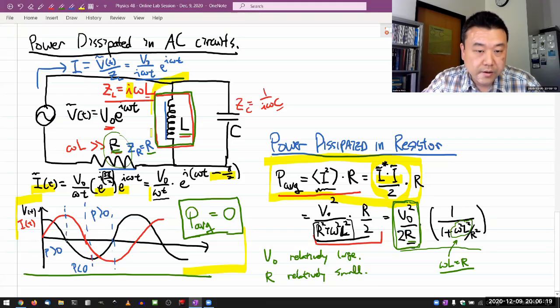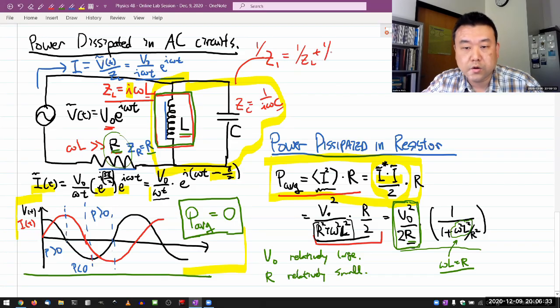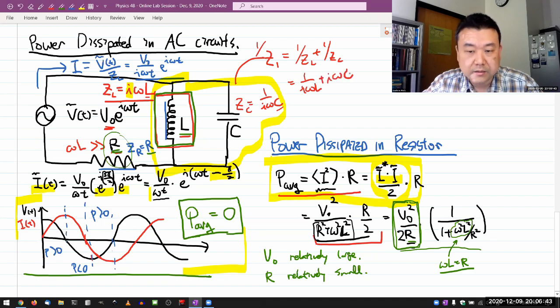So I will need to add these first to get my, let's label it G1. My G1 is going to be computed this way: 1/G1 is equal to 1/GL plus 1/GC, or let me write it all in, 1/(i omega L) plus the reciprocal of that, i omega C.